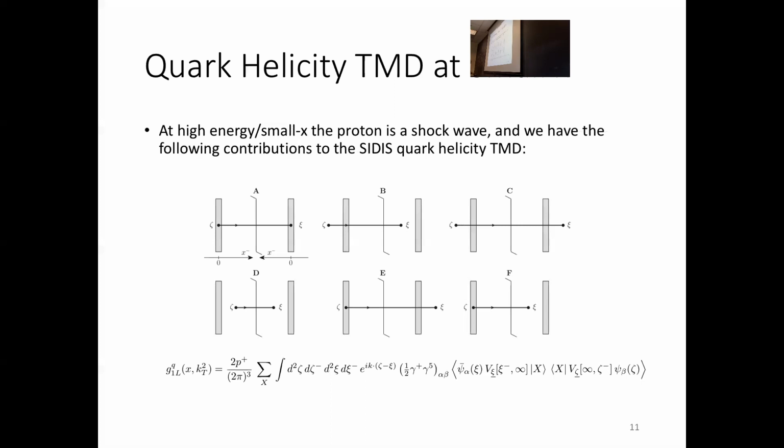So, I mean, one could write some sort of a picture. Right, so this is a proton which is moving in x plus direction. And then we have the x minus direction, right? So x minus axis is this one. So you can say that the proton is at x minus equal to 0. And then you're trying to look at the staple, which I'm kind of going to expand a little bit, right?